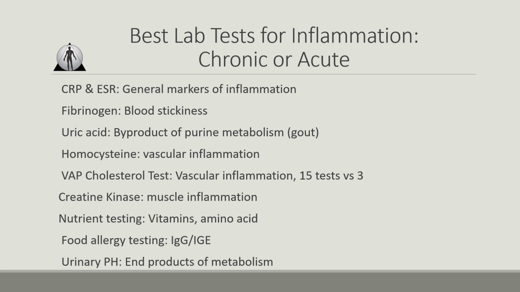The one thing that I'm going to throw out here when it comes to CRP is this. We definitively know that fat cells produce these inflammatory markers. And I'm seeing more and more with my patients who are overweight that they have chronically high CRP levels. So they have these high markers of inflammation, not because they have an autoimmune disease or Lyme's or what have you.